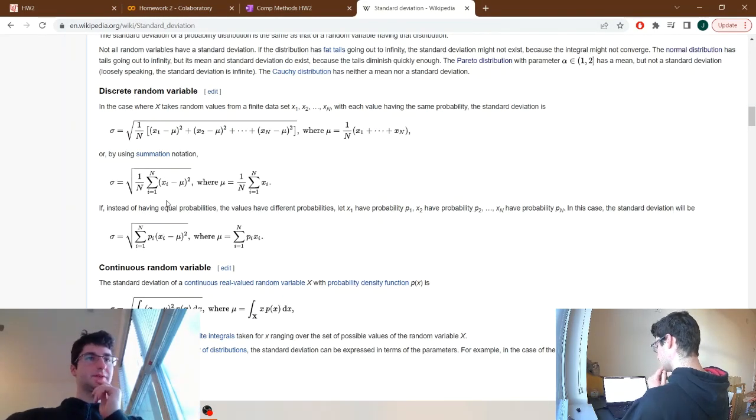Okay, so looking at this formula, we need to sum up the probabilities times each number. So in our case, it'll go from 0 to 10. So probability times each number minus the average, square that. Okay.